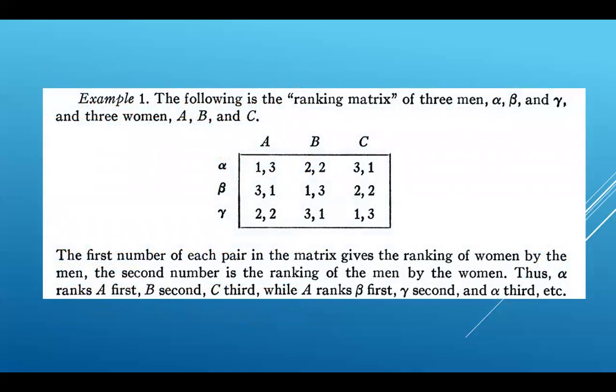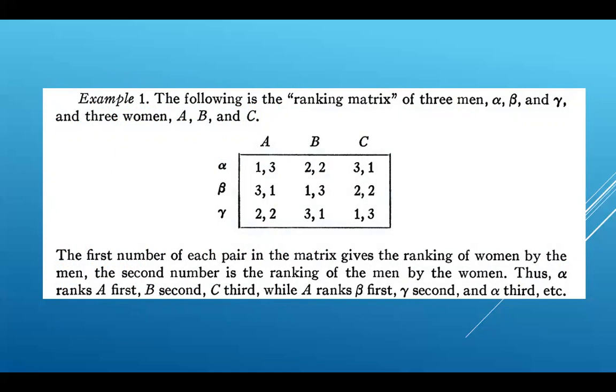So here's an example right here. This is kind of like a ranking matrix. We put the men, alpha, beta, and gamma, down the left-hand side of this ranking matrix, and we put the women across the columns, capital A, capital B, capital C. Now, the first number in each of these entries is always the men's ranking of the women. Do you see?